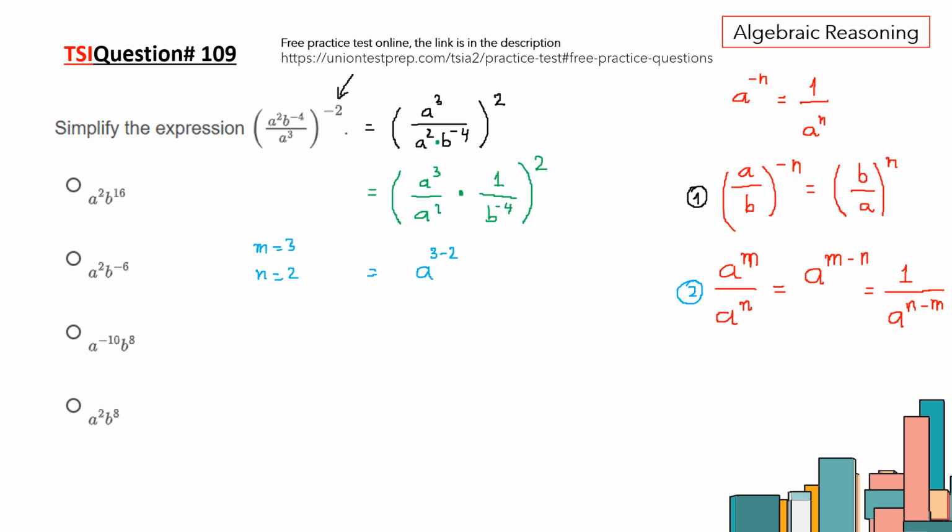Multiplied by, you see that I have the opposite, right? So now you can also have this one: a to the power of n equals 1 over a to the power of negative n. It's similar as long as the exponent is on the opposite side. In this case, I will write down b to the power of 4, and of course, all squared.